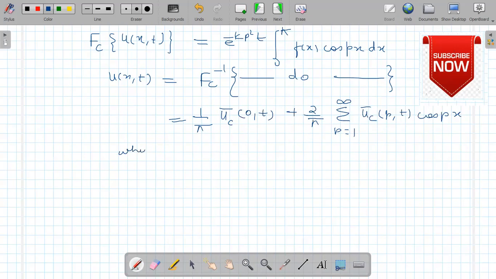Where u_c at 0 comma t is integral 0 to pi u(x, 0) dx, okay, by definition.